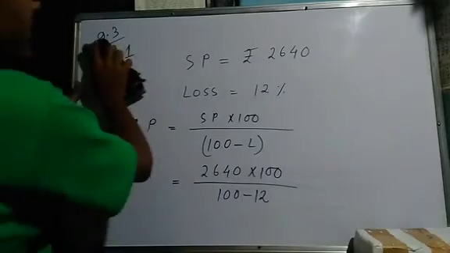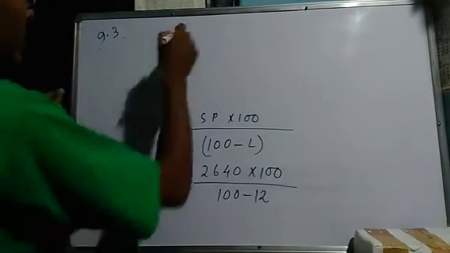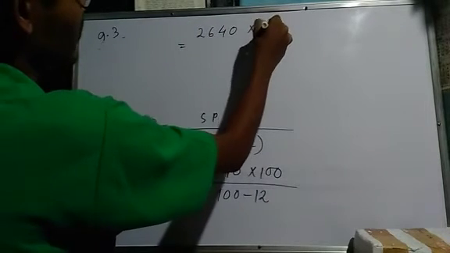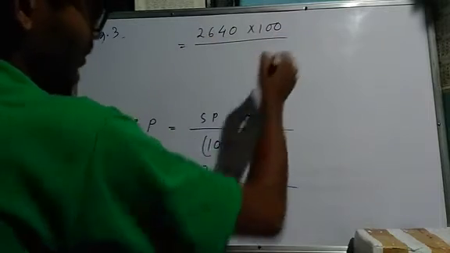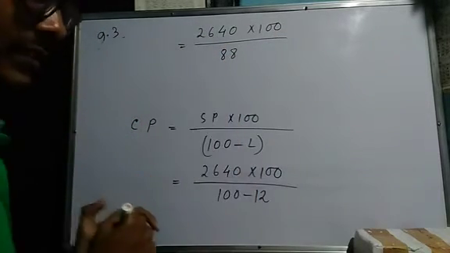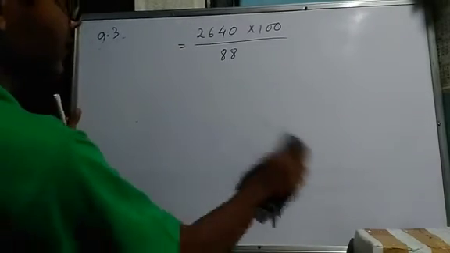So 100 minus 12 will be 88. Now we have to cancel the zeros.